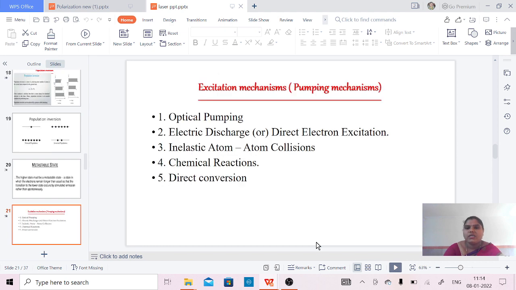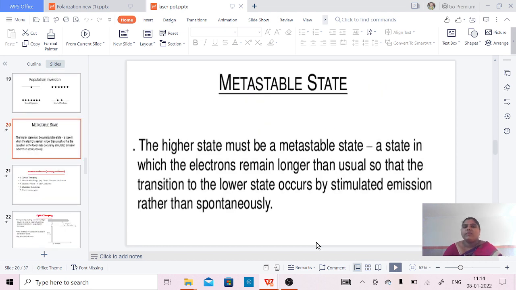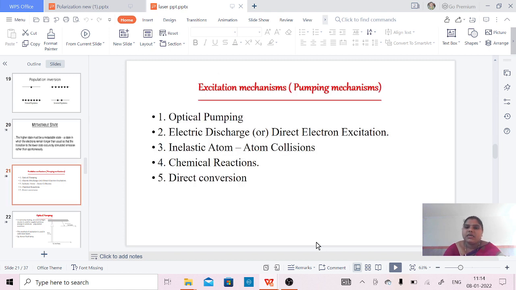You have to understand that a metastable state is a higher energy state where the electrons will stay for a longer time.